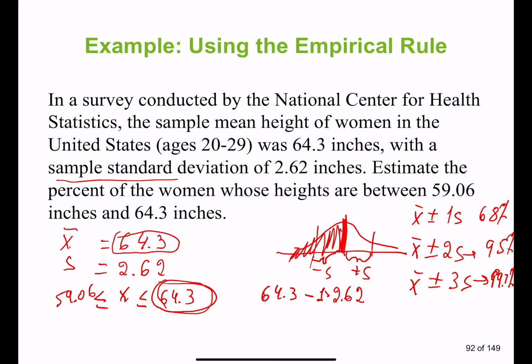It's one time. So 64.3 minus 2.62. Wait a minute.